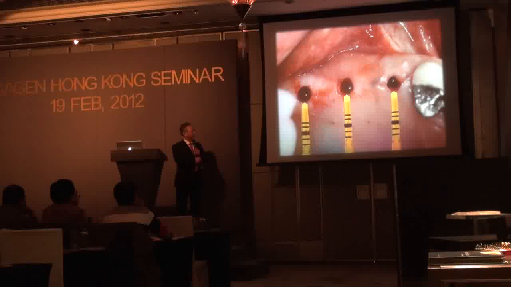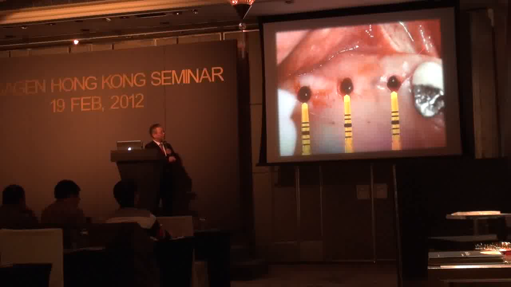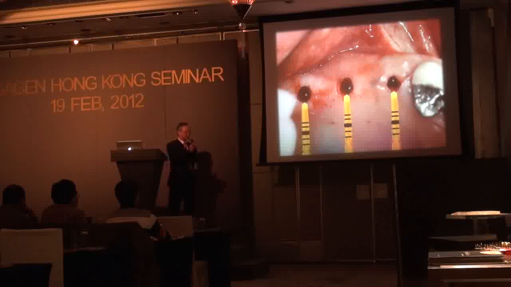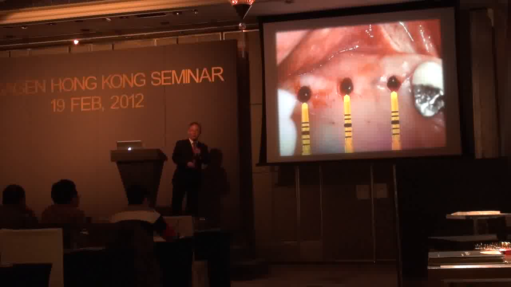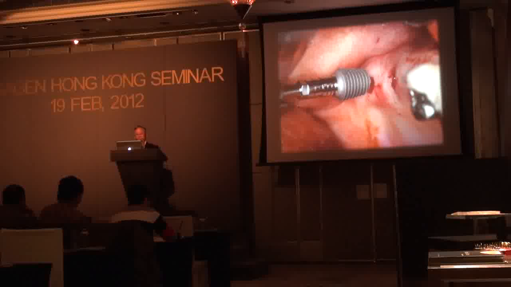And we can use different diameters of implants through the same osteotomy sockets. The area near the natural tooth usually has a better bone density. So I decided to use 4.0 here, 4.5 here, 5.0 here. I made the same osteotomy socket and could determine the different diameter of implants.